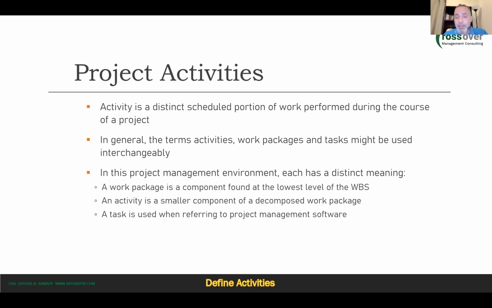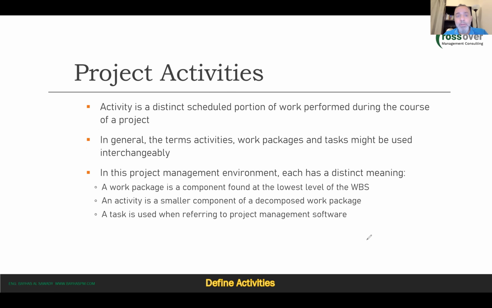Okay. Now let's go into details. How do we develop now the detailed project schedule? What we do is, if you refer back to the process chart, we start by identifying the project activities that we need to do from day one until the last day of the project. What are the activities that I need to do? Now, how do I define those activities? What do you think we can do in order to identify those activities?